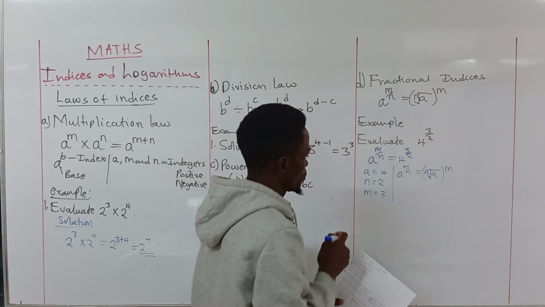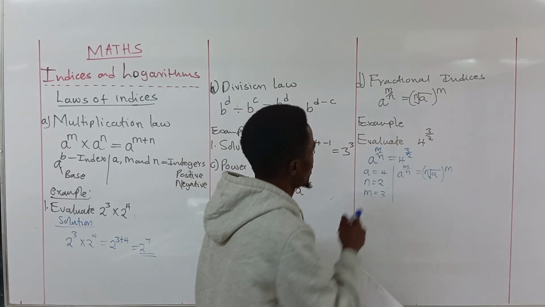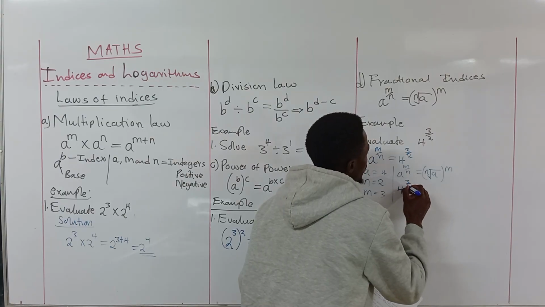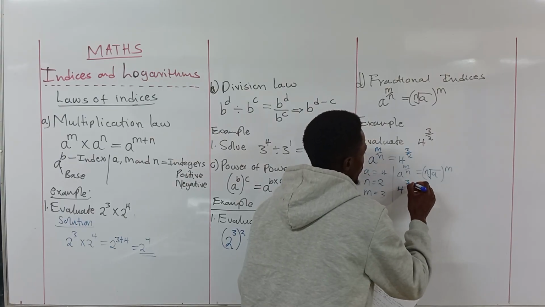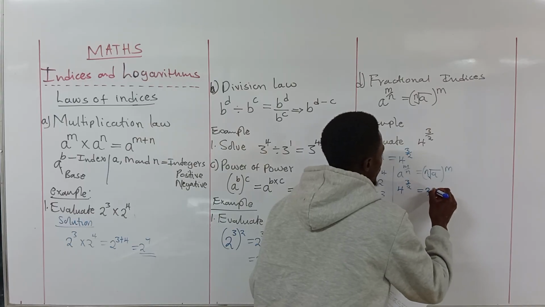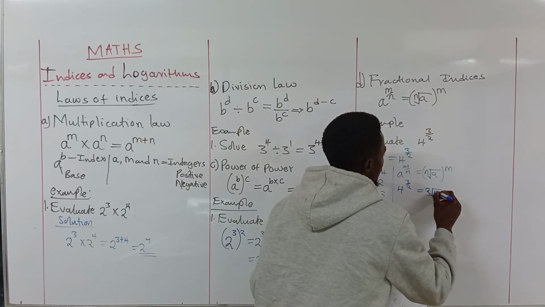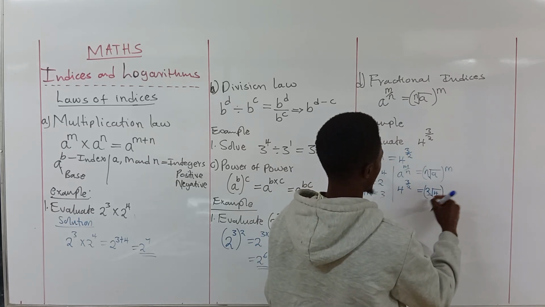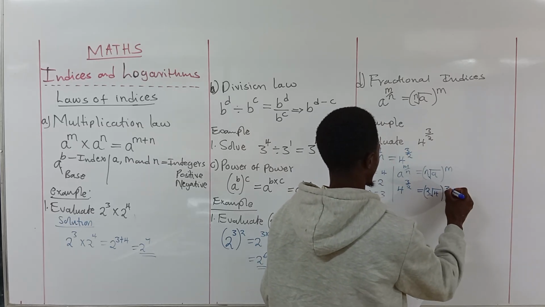So the same applies to this 4. So 4 raised to 3 over 2 is going to be the square root of 4, and then raised to the power 3.